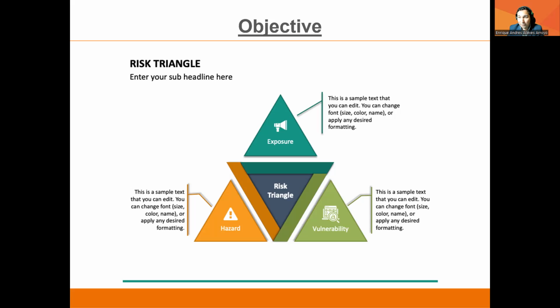The main factors are that you have something called exposure. The other is called vulnerability, which is mainly due to the lack of internal control. Exposure means that you're exposed to a situation that is favorable for you to be in a position of risk. And at the end there is the hazard.